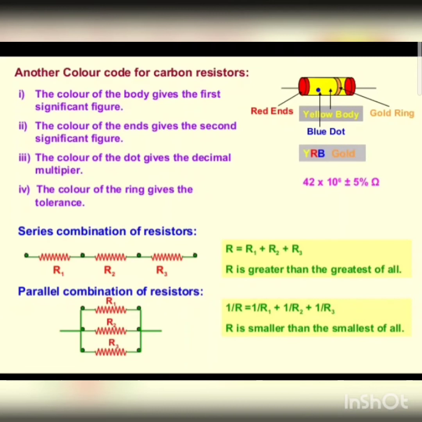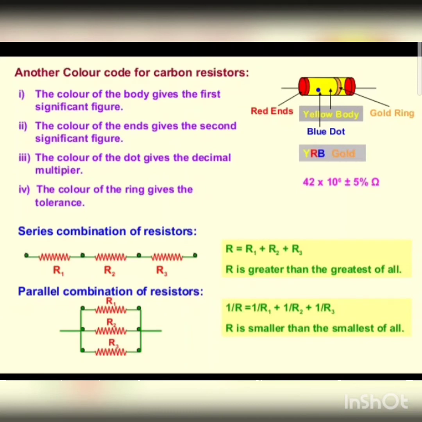Therefore, IR is equal to IR1 plus IR2 plus IR3. Take the common factor I, which gets cancelled. Therefore, the effective resistance in series combination R is equal to R1 plus R2 plus R3. Note that R is always greater than each of the individual resistances R1, R2, R3.